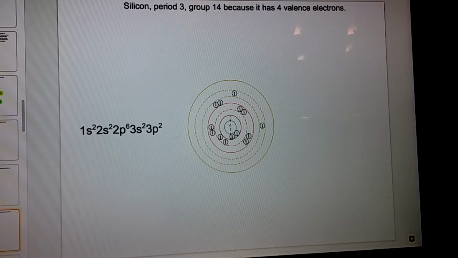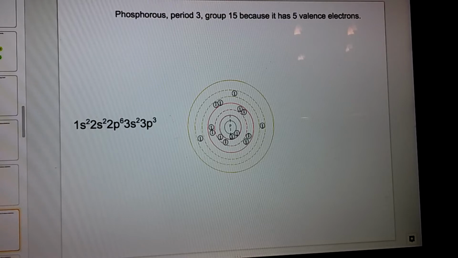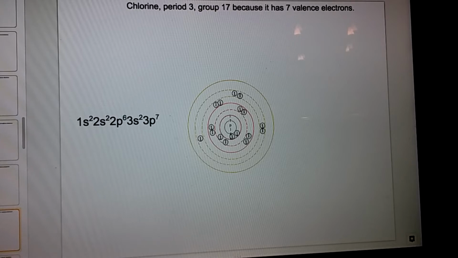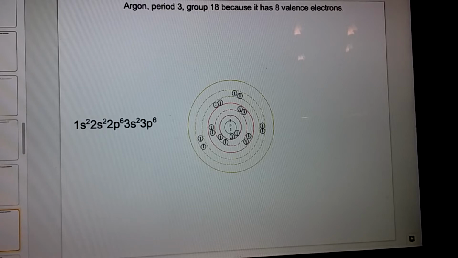Silicon, period 3, group 14 because it has 4 valence electrons. Phosphorus, period 3, group 15 because it has 5 valence electrons. Sulfur, period 3, group 16 because it has 6 valence electrons. Chlorine, period 3, group 17 because it has 7 valence electrons. Argon, period 3, group 18 because it has 8 valence electrons.